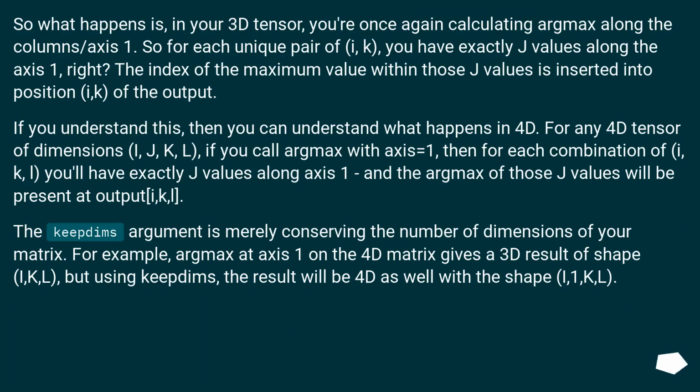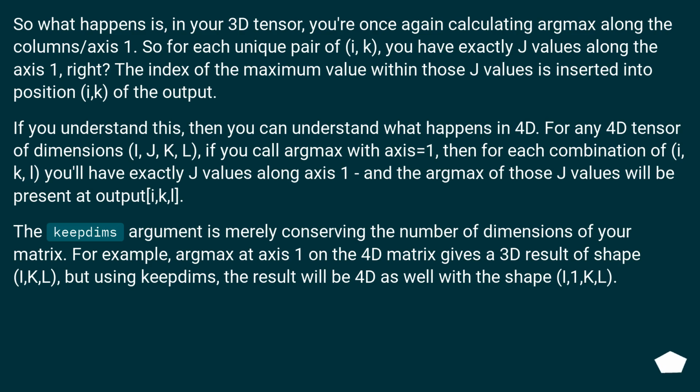So what happens is, in your 3D tensor, you're once again calculating argmax along the column/axis 1. So for each unique pair of i, k, you have exactly j values along axis 1, right? The index of the maximum value within those j values is inserted into position i, k of the output.